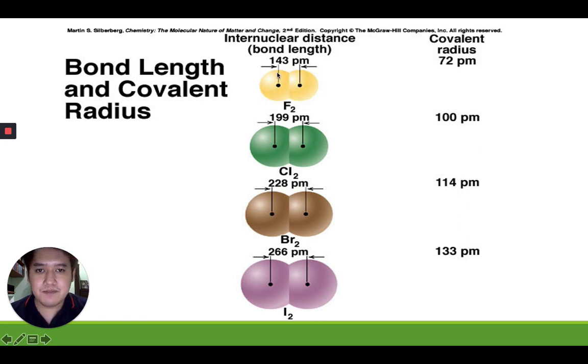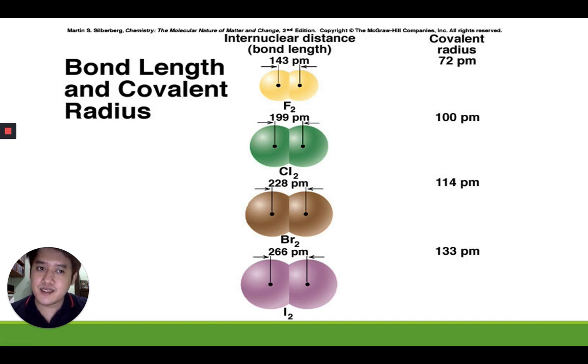For example, if you want to know the atomic radius for fluorine, you must have a diatomic fluorine molecule, of the same kind, and then you can get the distance between their nuclei, such that you can get your covalent radius or the atomic radius per se.